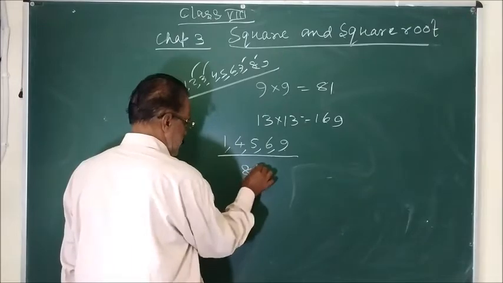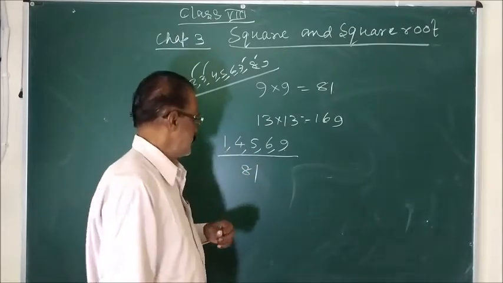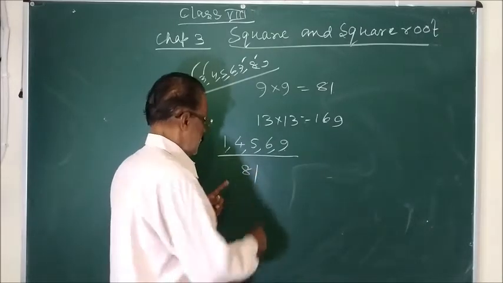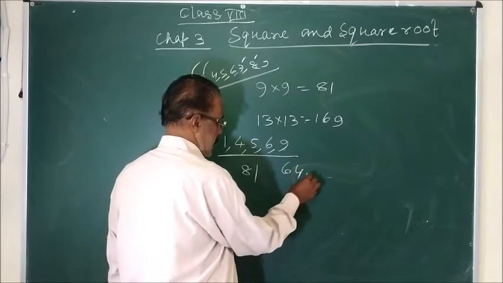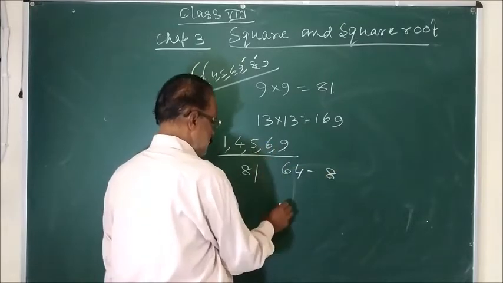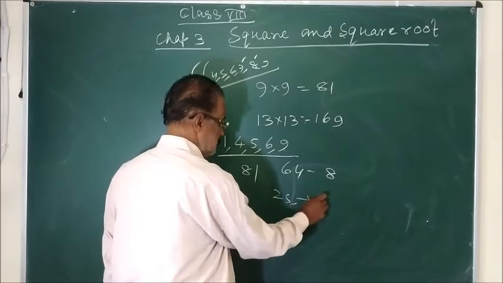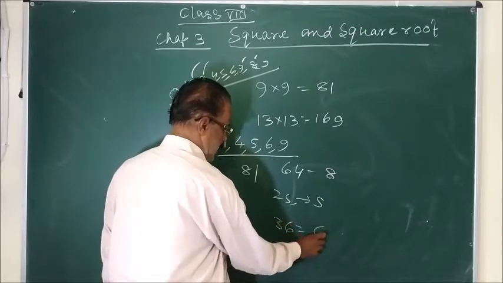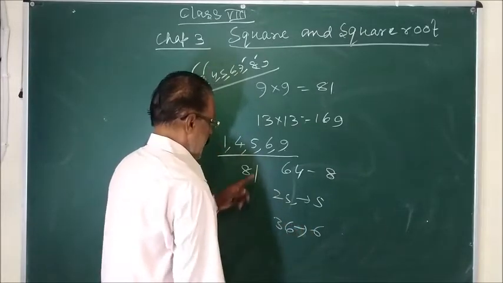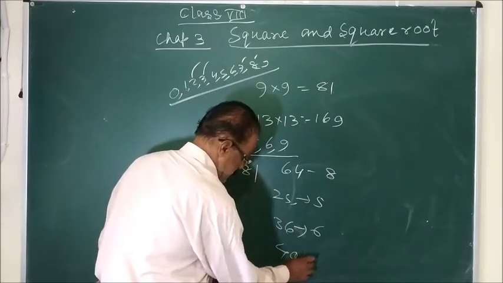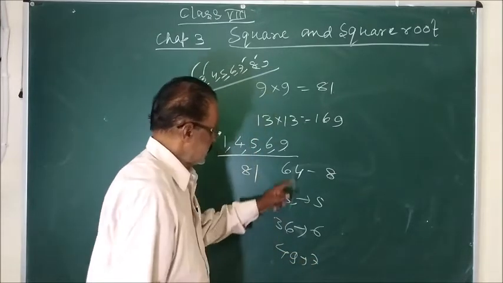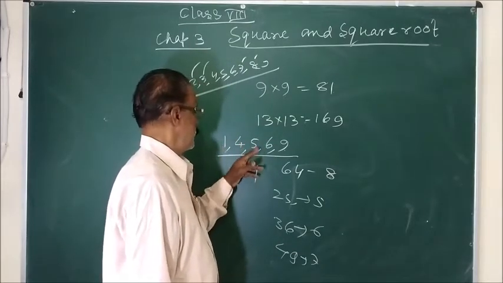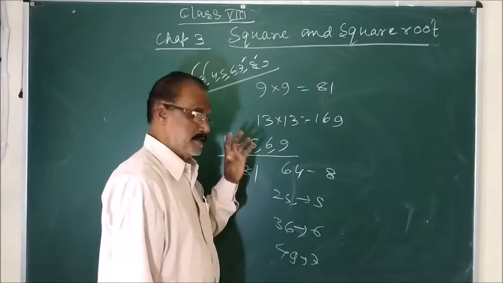For example, 81 is the perfect square of 9, and 1 is in the ones place. 4, suppose 64, this is the square of 8. 5, 25, this is the square of 5. 6, suppose 36, this is the square of 6. And 9, suppose 49, the square of 7. What are we watching? We are watching that the number ends with the digits 1 or 4 or 5 or 6 or 9, but that is not sure.